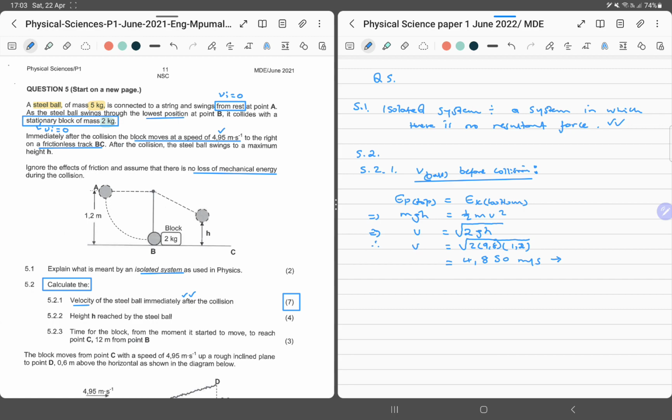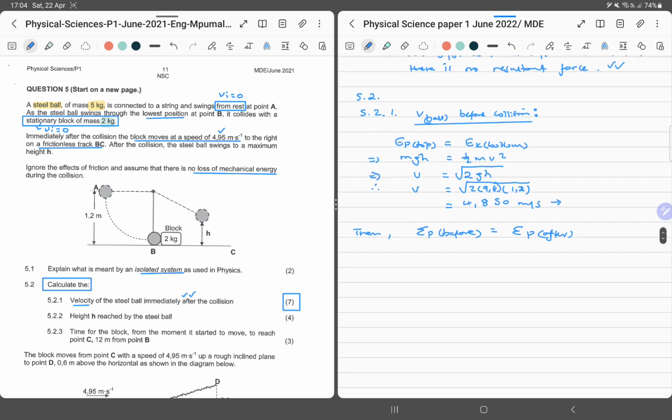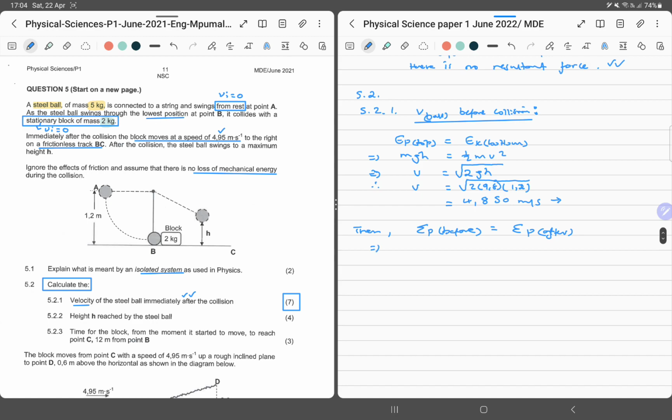And now we can say then, what do we know? We know that the sum of momentum before is equal to the sum of momentum after collision. Okay? This implies here we've got the mass of the ball, let's just say MB, of the ball.